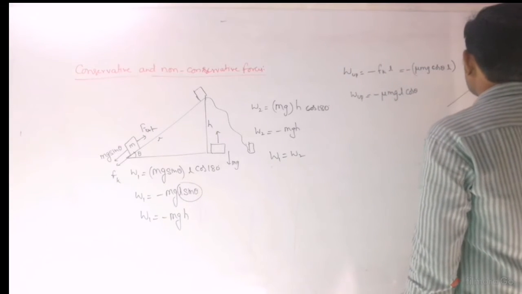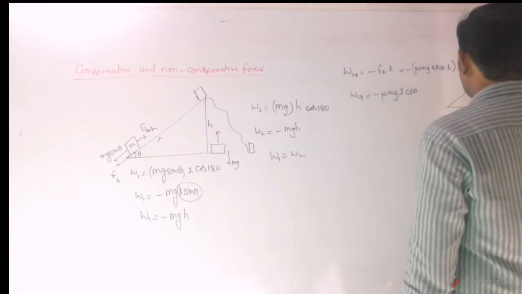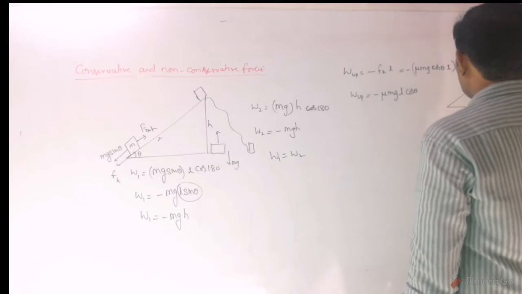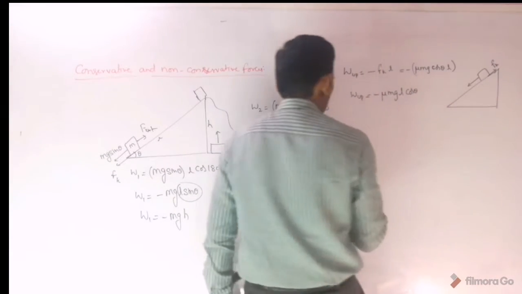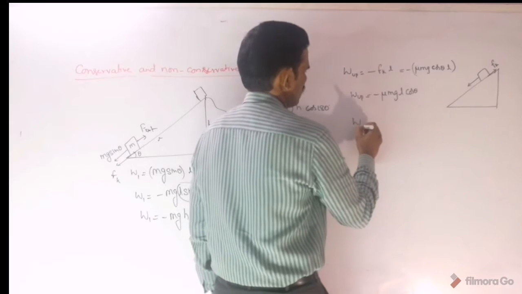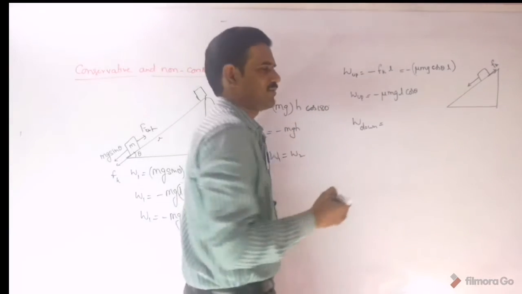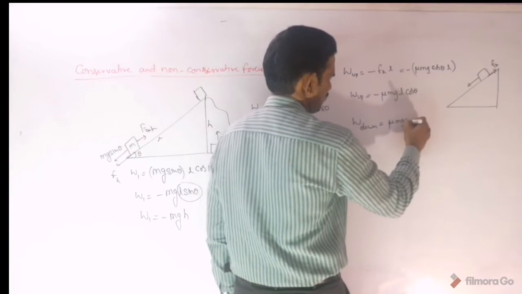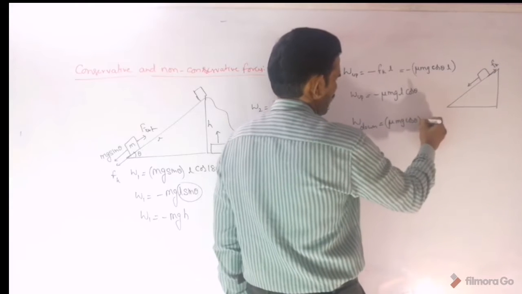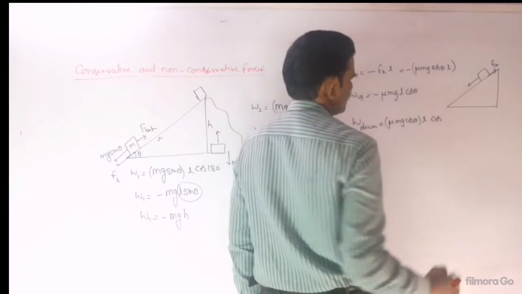Now after reaching the top, suppose again it is coming down. Then the frictional force will be up the inclined plane, right? So when it is moving down, let us write the work done by the friction. That is mu mg cos theta, the frictional force value, into displacement L. Now what is the angle between force and displacement here?